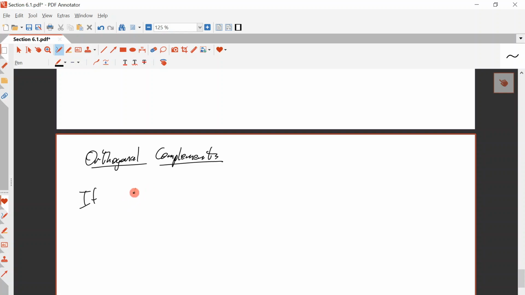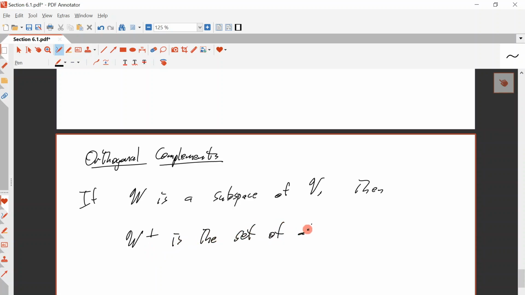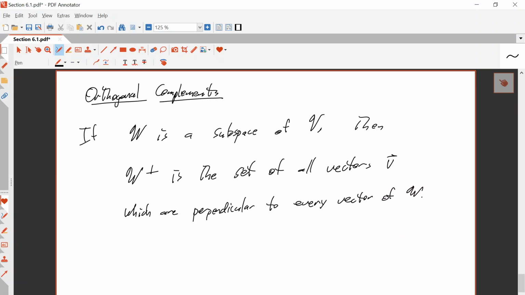If W is a subspace of V, then W perp is the set of all vectors in V which are perpendicular to every vector of W. So it's the vector space of all vectors that are orthogonal to vectors in W. You write it like this: W perp is equal to the set of all v such that v dot w is 0 for all w in W.